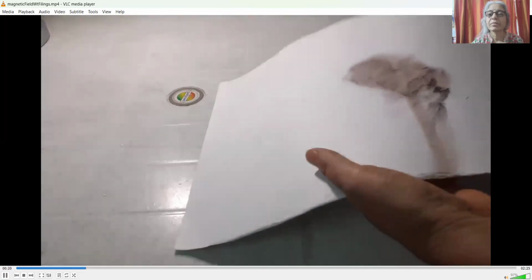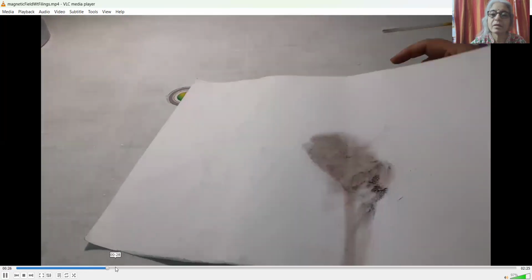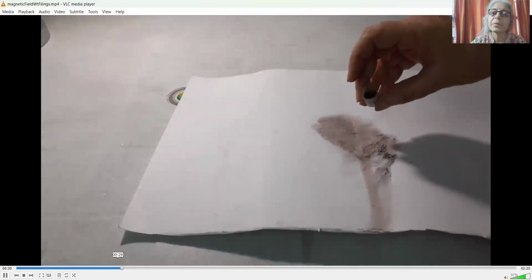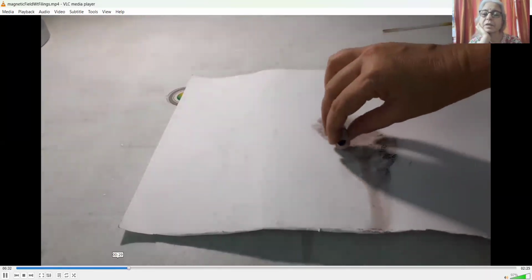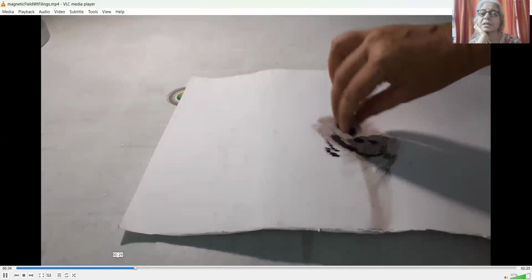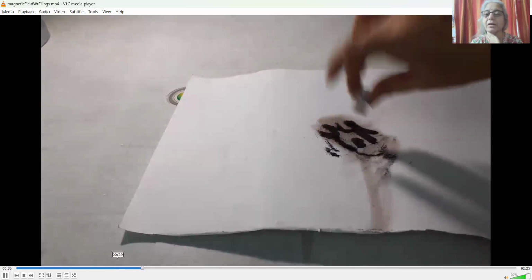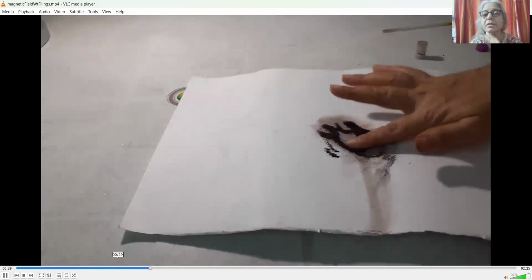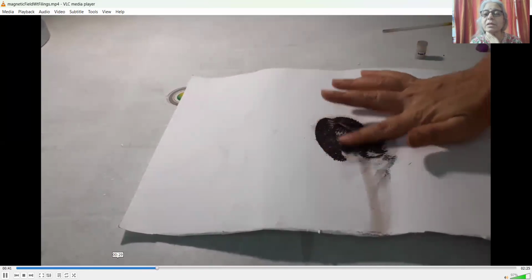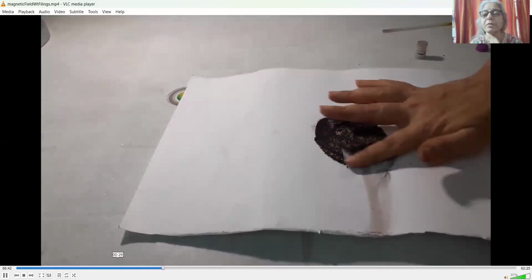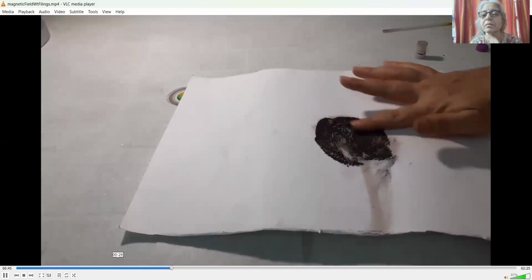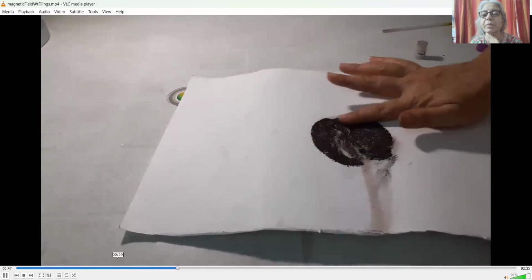And then I'm pouring iron filings. So this is powder made of iron, very small particles of iron. So I spread them on the paper.